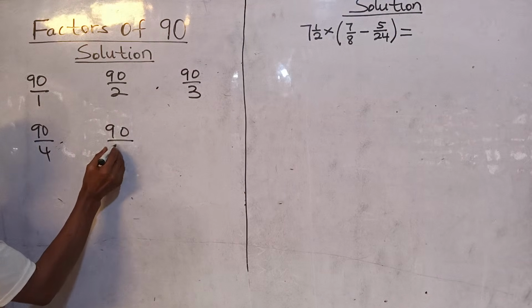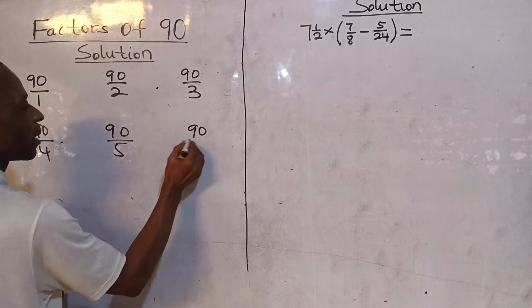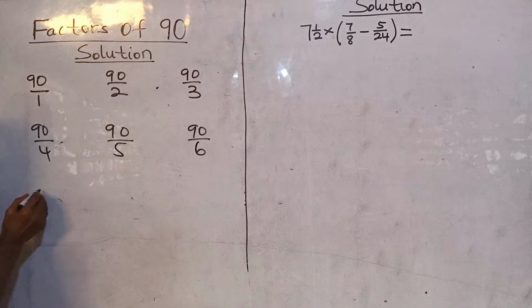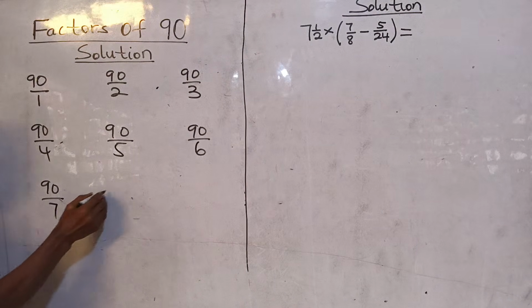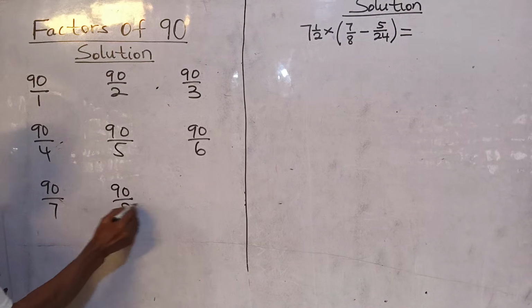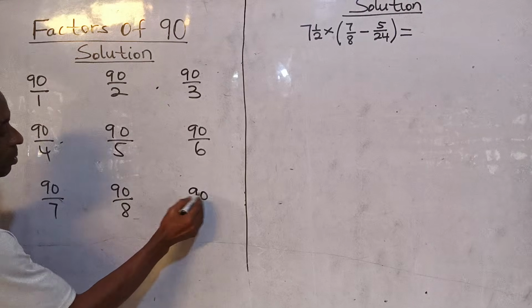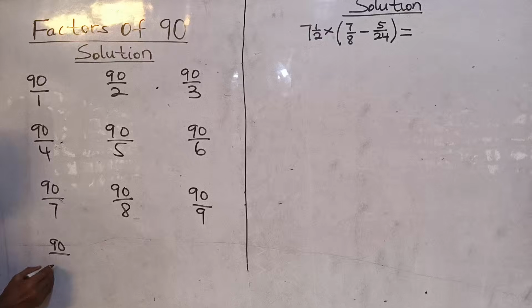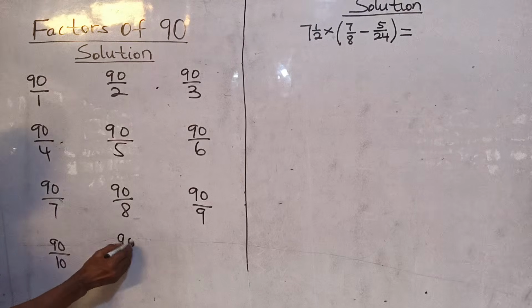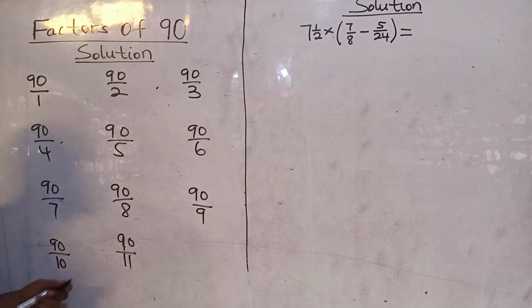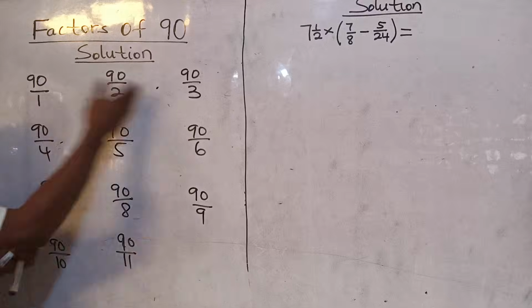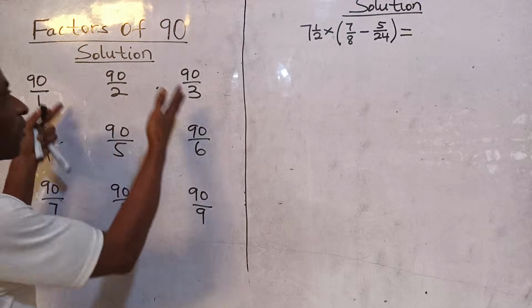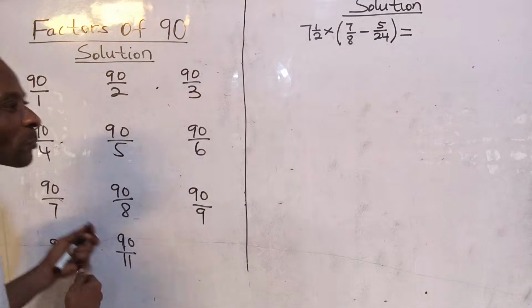Divide it until you get to 11. So when you have listed this, you want to find the factors of 90.